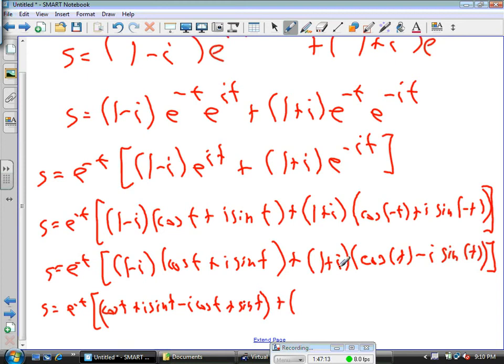Plus, let's FOIL this out. 1 times that is that. Now distribute i times cosine. And i times negative i is again 1.